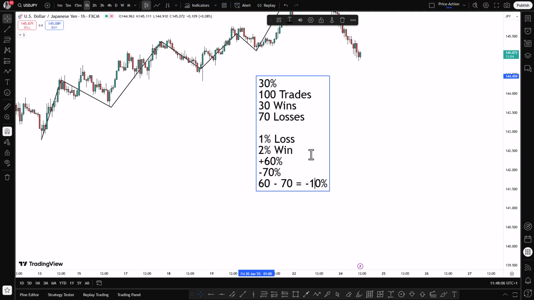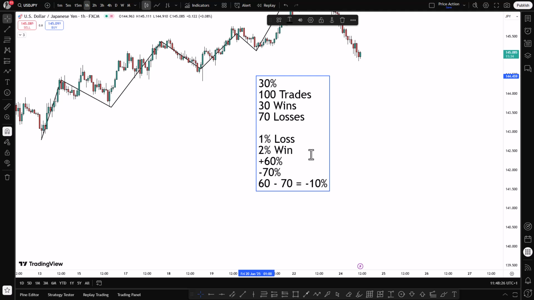So it's imperative that when you're trading like this, you need to either have a low win rate coupled with a high reward to risk ratio, meaning whenever you're risking 1%, you're aiming to make maybe 3 times what you're risking, or 4 times, or even much more than that.